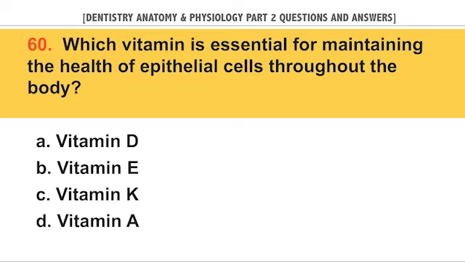Which vitamin is essential for maintaining the health of epithelial cells throughout the body? A. Vitamin D, B. Vitamin E, C. Vitamin K, D. Vitamin A. Answer D. Vitamin A.